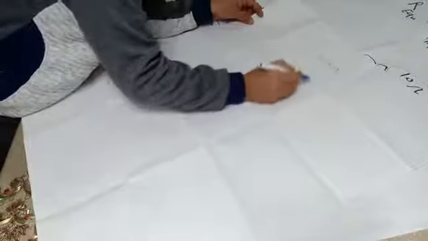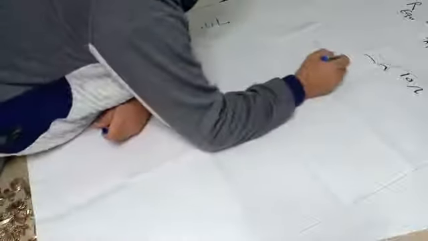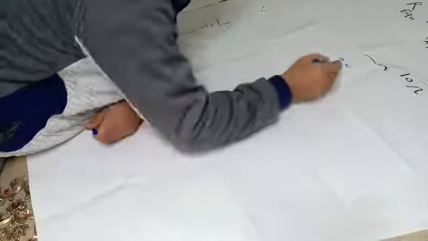we take another example like this: R1, R2, R3 back to back, equal 20, 40, 60.